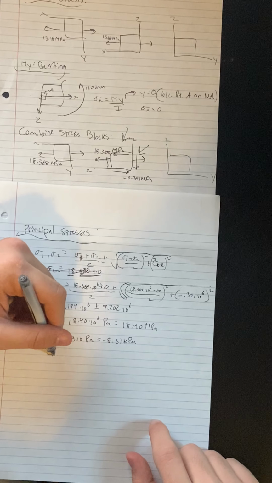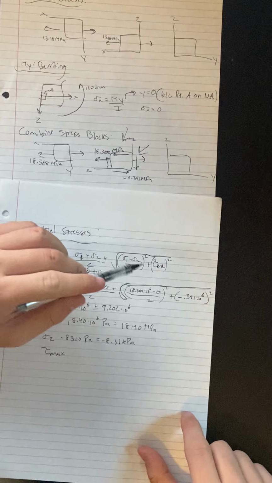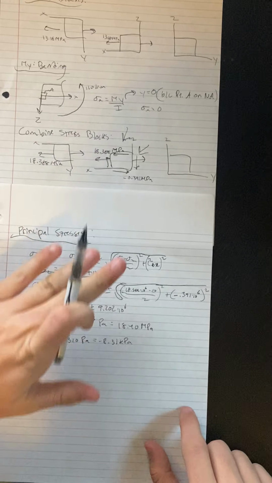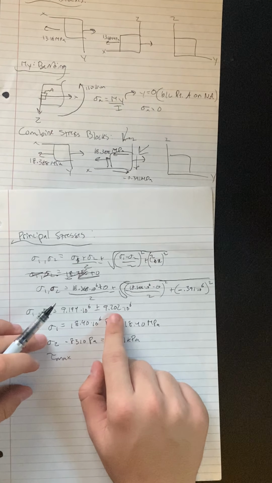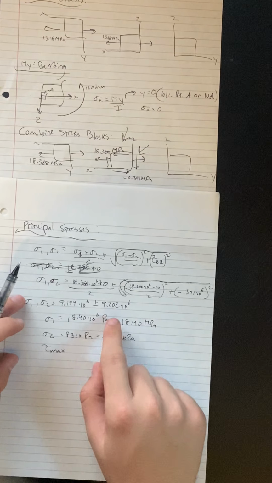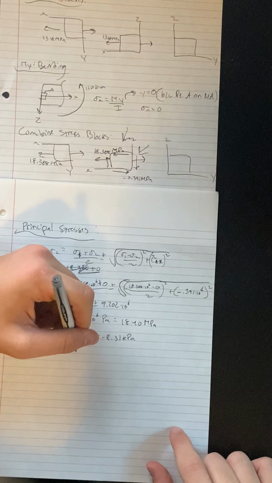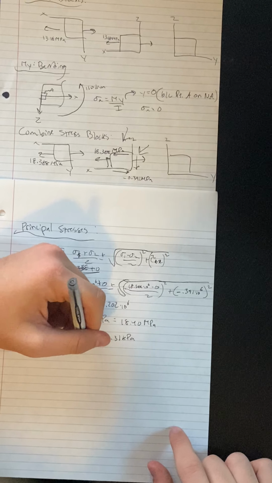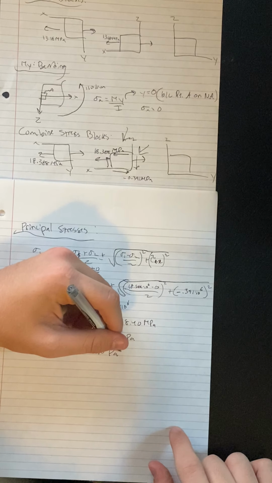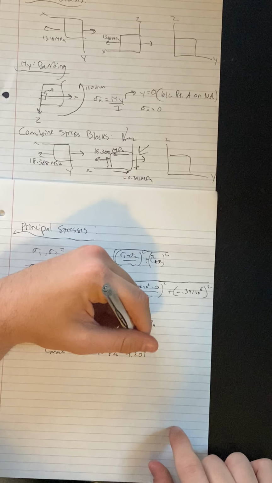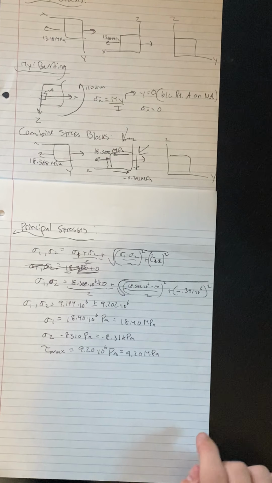And then our shear is going to be everything after the plus or minus, otherwise known as the square root term, which is 9.20 times 10 to the 6 pascals, or just 9.20 megapascals.